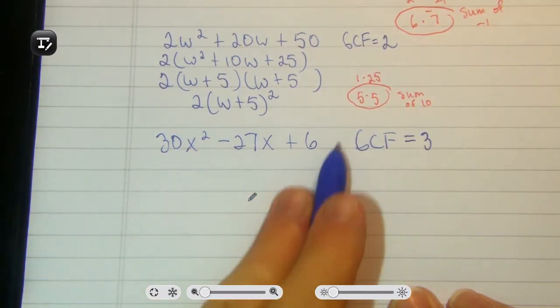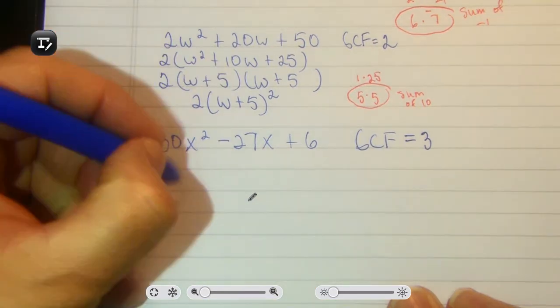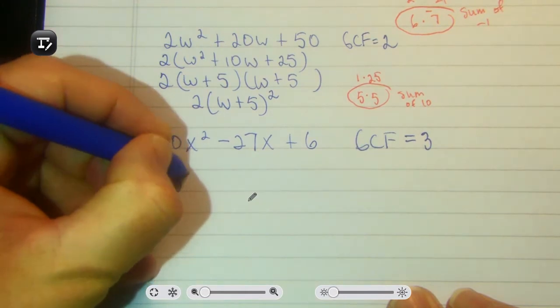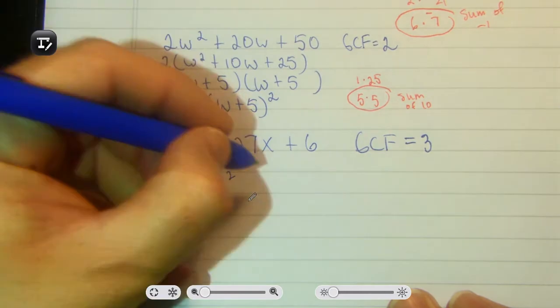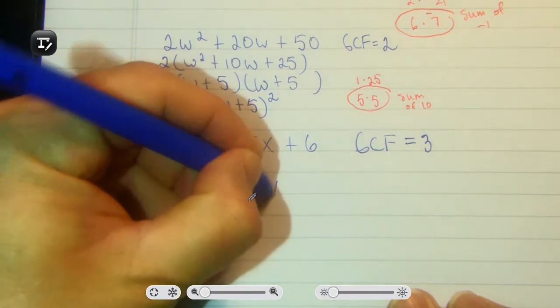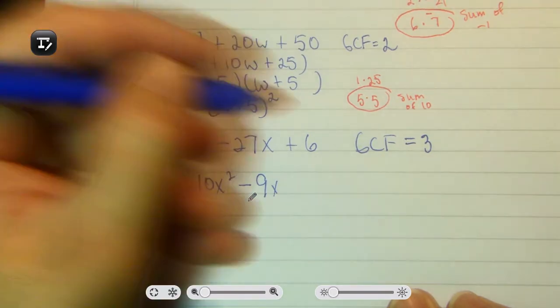There's no variable portion of the GCF, since there's an x squared, x, and no variable in the last term. So I need to factor that out. It's going to be 3 times (10x squared minus 9x plus 2). 3 times 9 is 27.